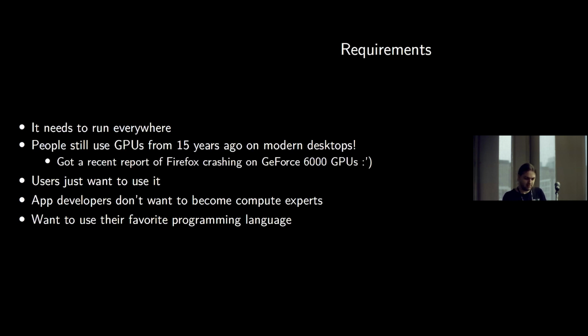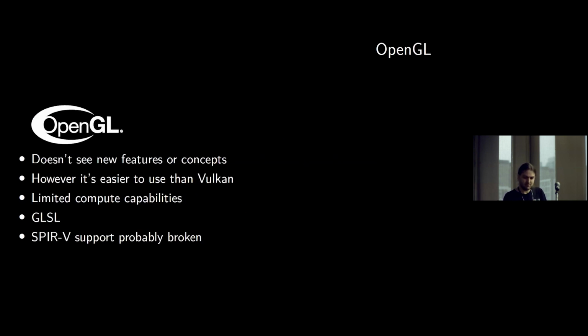So people obviously considered OpenGL for acceleration, which has some applications, but the development on OpenGL is kind of stalled. It's pretty easy to use, but the compute capabilities are kind of low, and you are required to use GLSL.